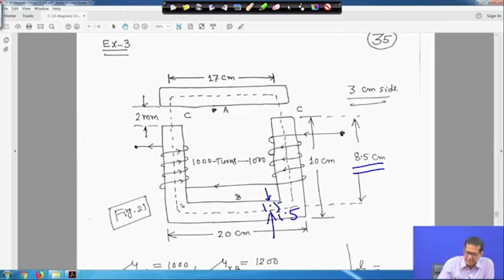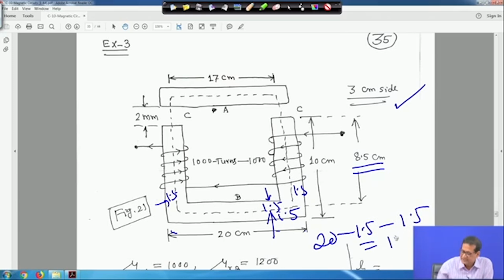And this is 20, but it is written here 3 centimeter side, with this side 1.5 and this side also 1.5, that means the mean length will be from here to here 20 minus 1.5 minus 1.5, that is equal to 17 centimeter, right.